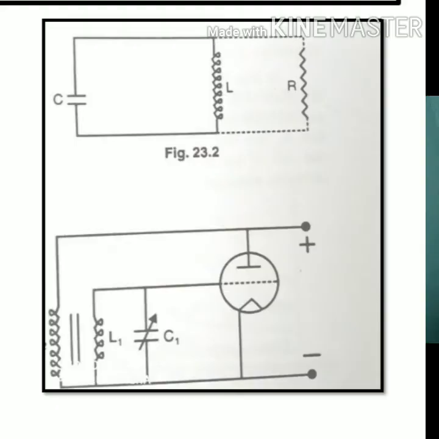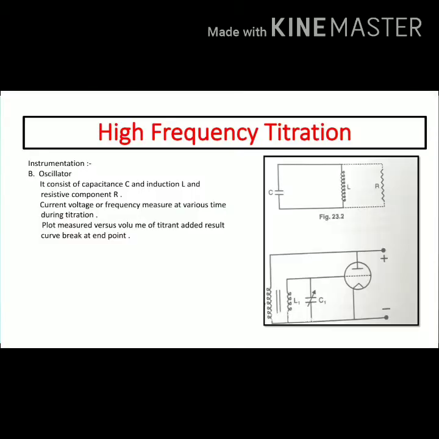Next is the oscillatory circuit. In the oscillatory circuit, there are three main components attached to the electrical circuit: capacitance C, inductance L, and resistance R. The current, voltage or frequency is measured at various times during the titration. Capacitance stores electricity.